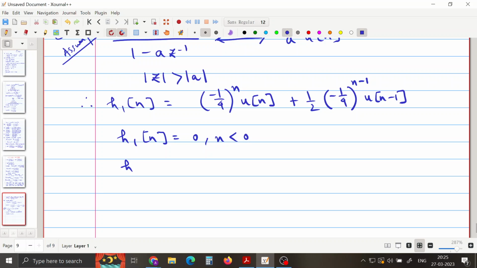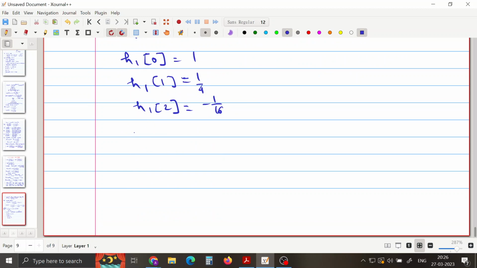For n equals 0 it is 1, for n equals 1 it is 1 by 4, for n equals 2 it is minus 1 by 16, at 3 it is 1 by 64.